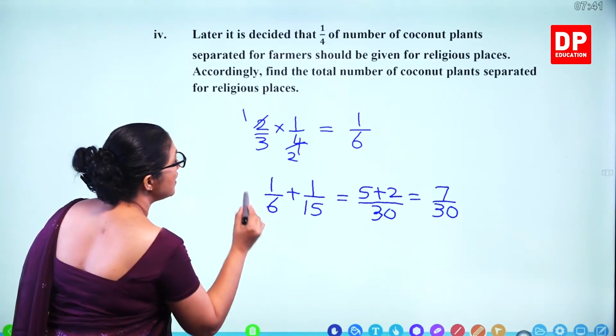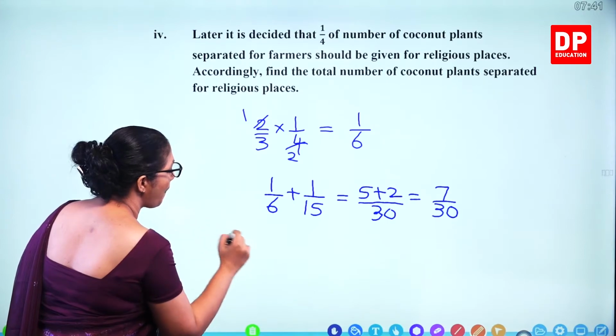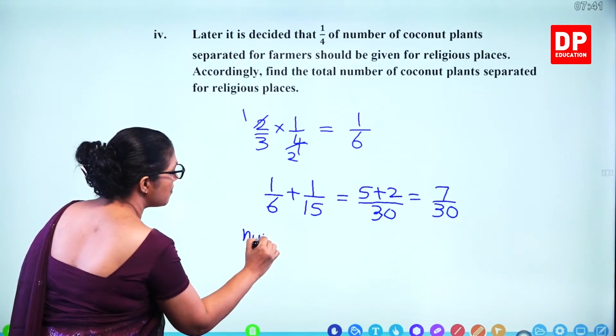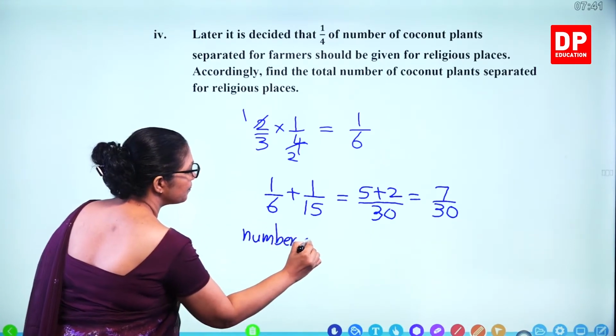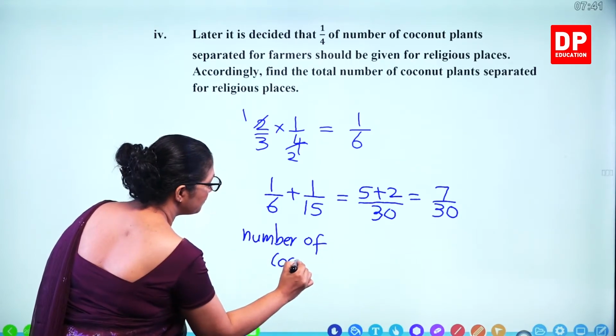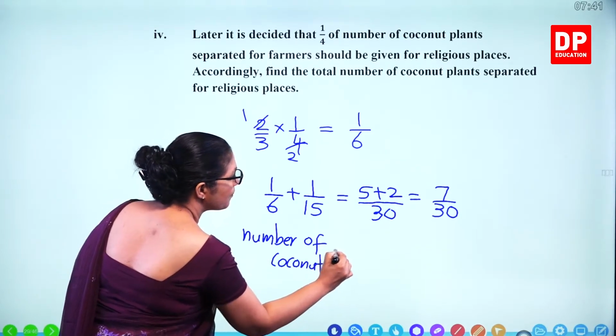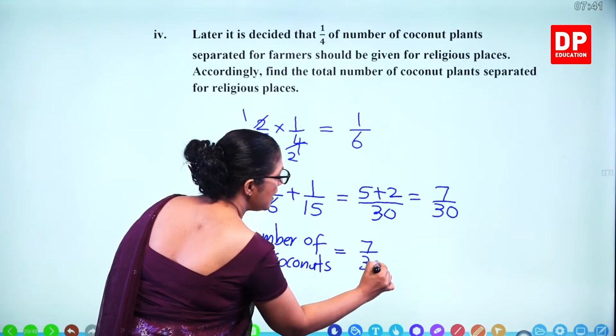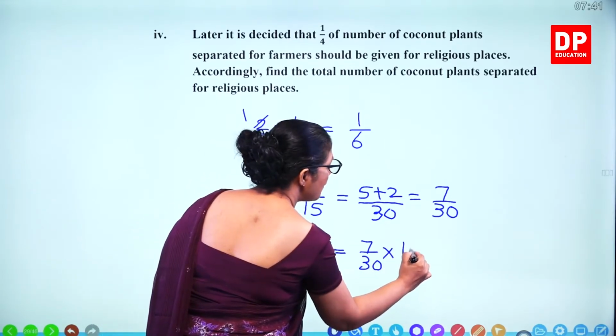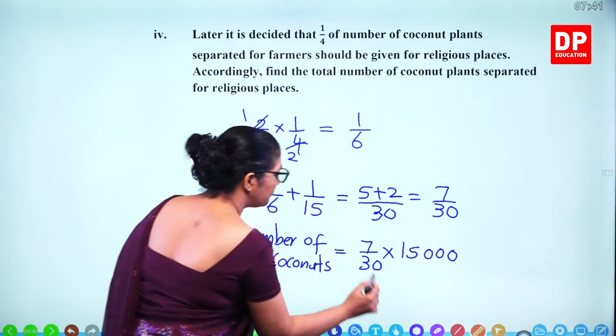So how many coconuts are there? So number of coconuts becomes 7 over 30 out of the total 15,000.